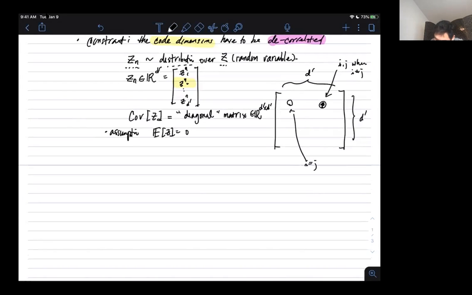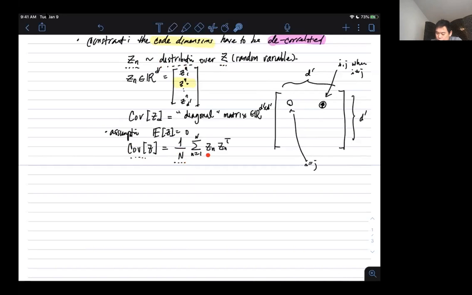And then with this assumption, the covariance of z is going to be written as 1 over n, the sum from n equals 1 to n, of zn zn transpose. The 1 over n comes from the fact that we are estimating the covariance empirically using n many samples from this distribution over z.